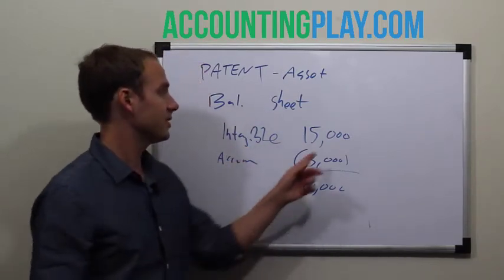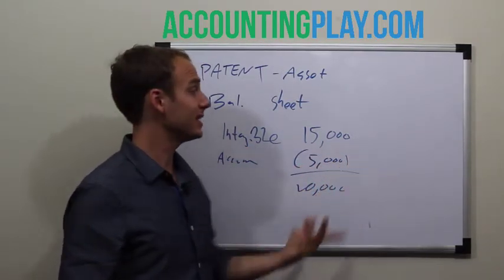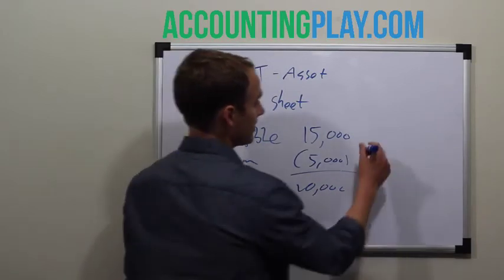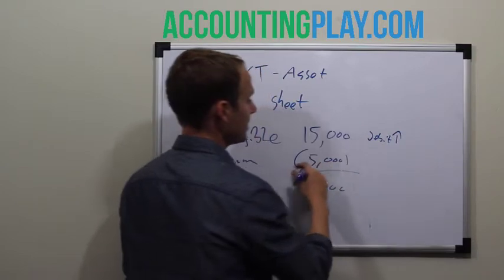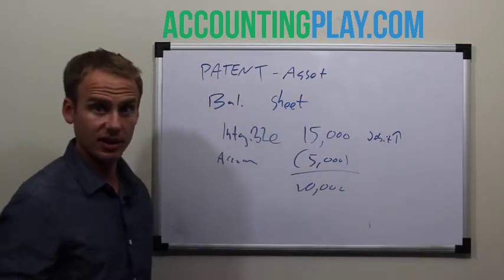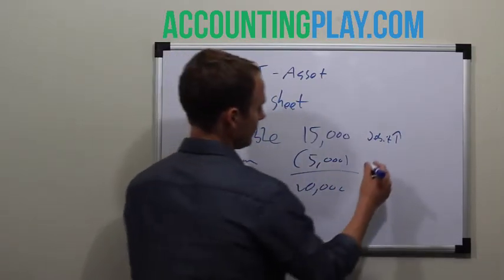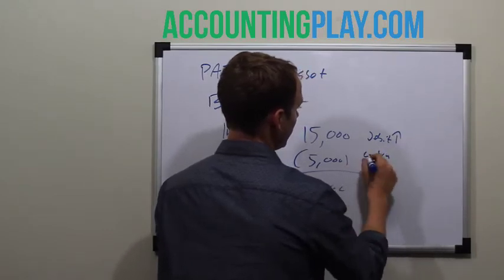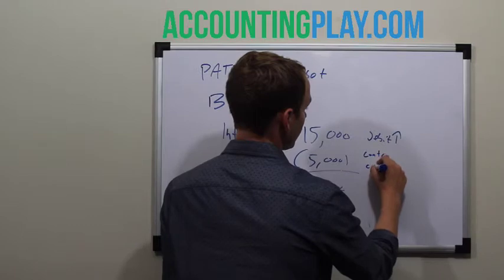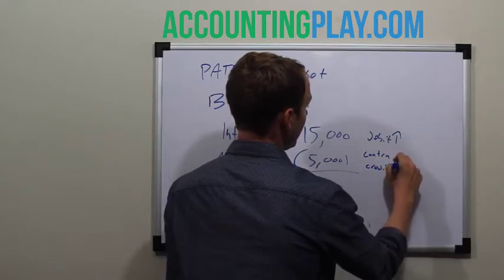Okay, so this is a regular asset increasing with a debit. All right, this is a debit increase. Now, because this is an opposite, it's a contra account. Go learn your debits and credits if you haven't already. Contra account. We are going to credit up.